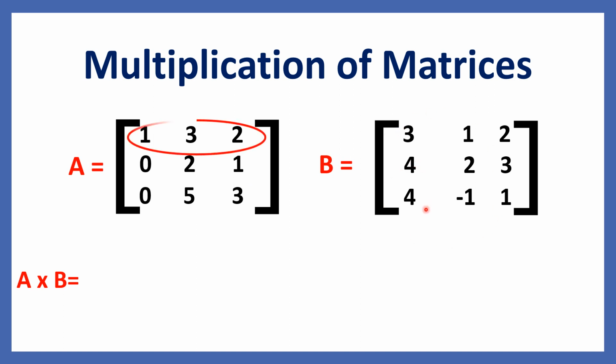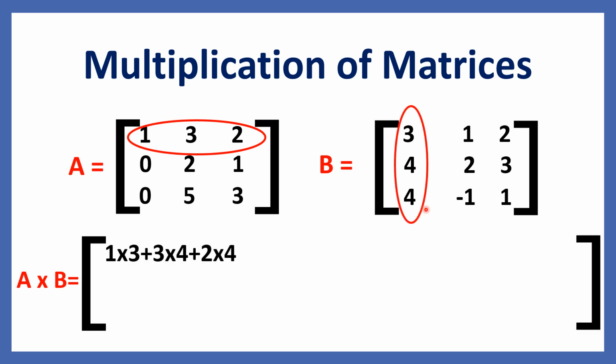Now, we have to consider the first row of matrix A with the first column of matrix B. And the values are 1 into 3, that is this 1 into 3 plus 3 into 4 plus 2 into 4. Now, we got the first element of the first row, first column in the resultant matrix.